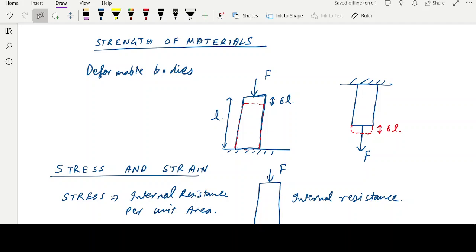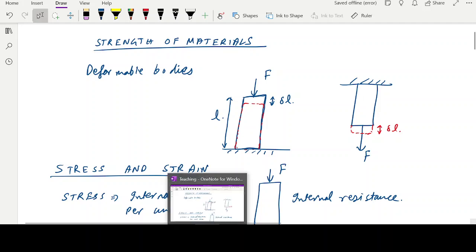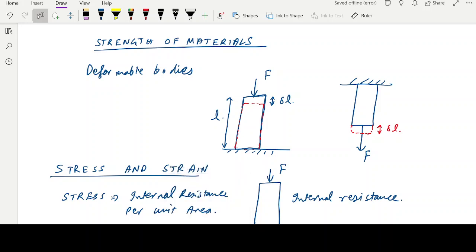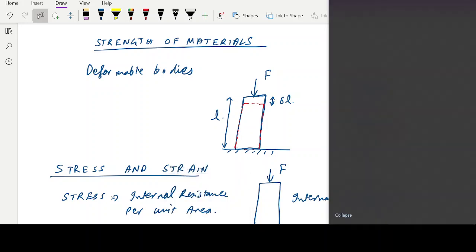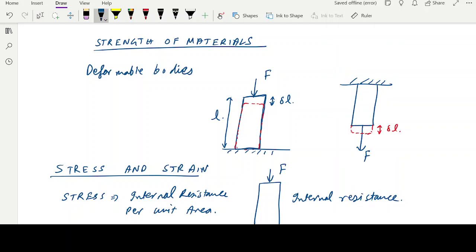Strength of materials is the study of deformable bodies. A deformable body is one which deforms under the application of forces. A body can deform in both ways. It can compress, and it can elongate, depending on in which direction the force is being applied.